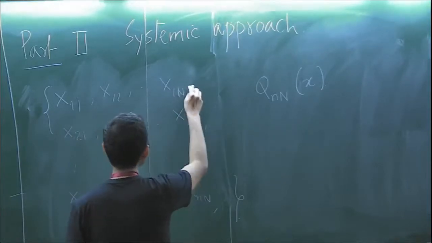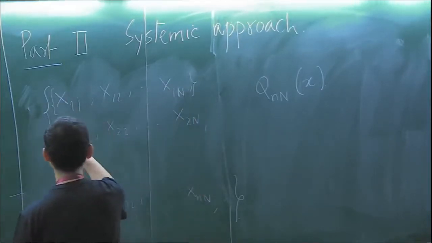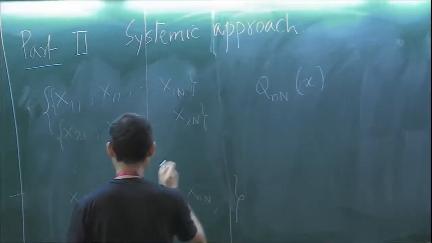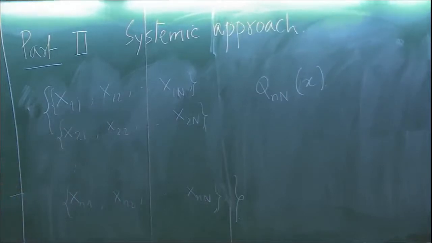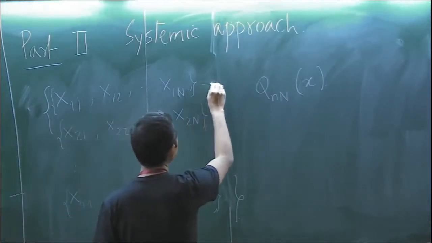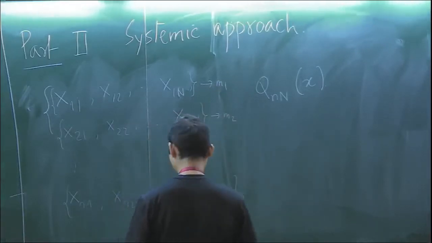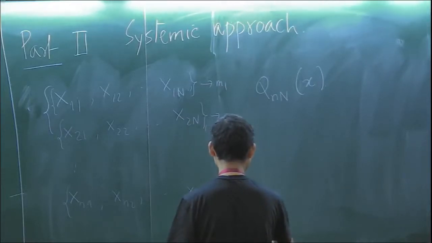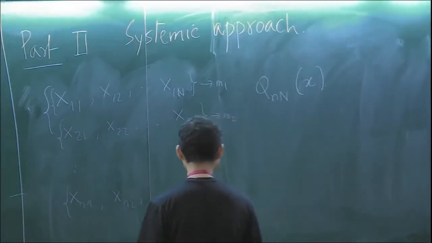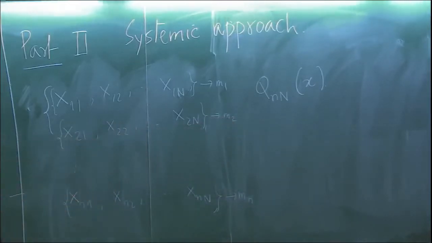But I can also look at these blocks individually and find their individual maxima. Let's call this maximum m1, this one m2, and this one mn, where small n is finite.